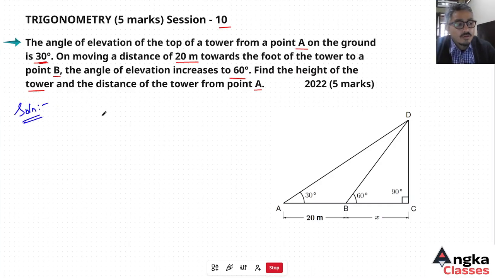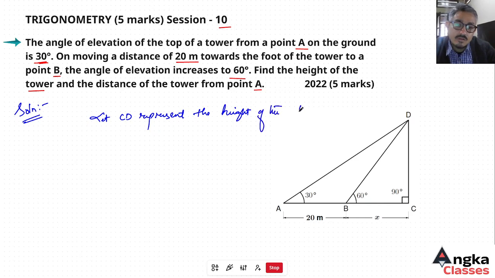Let CD represent the height of the tower.